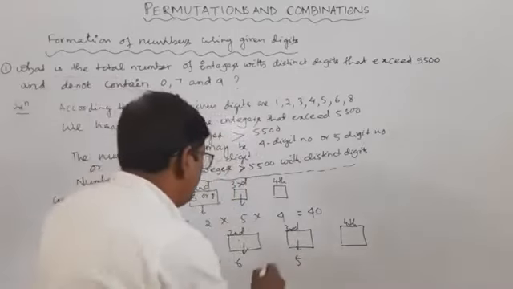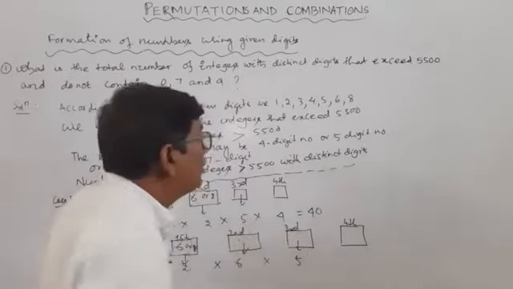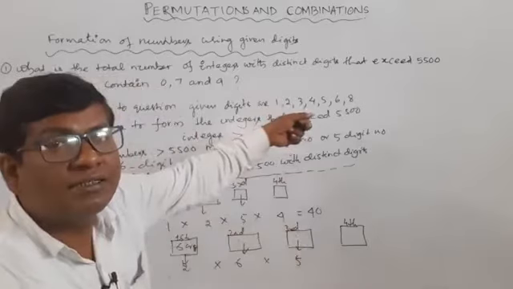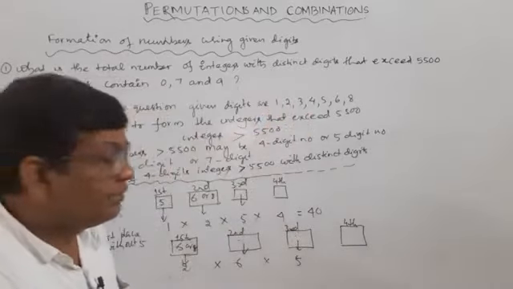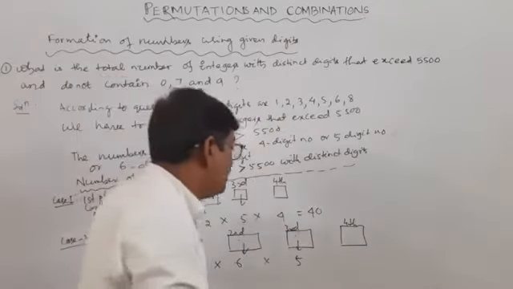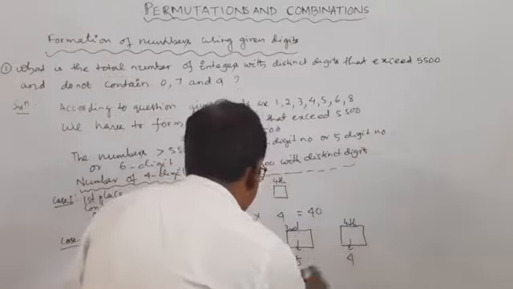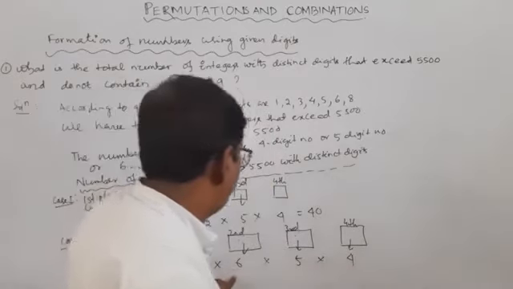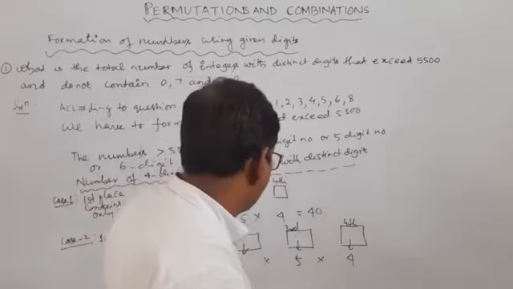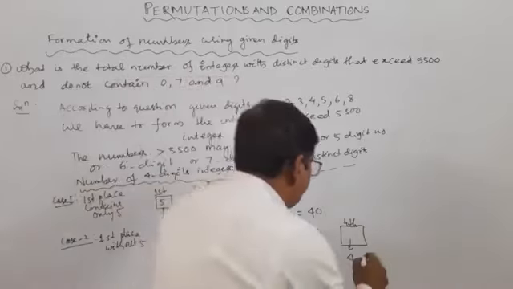So 3 digits are used out of 7 digits. Now the 4th place is filled by any one of the remaining 4 digits, 4 ways. So this is equal to 2 into 6 into 5, 60, that is 60 into 4, 240.